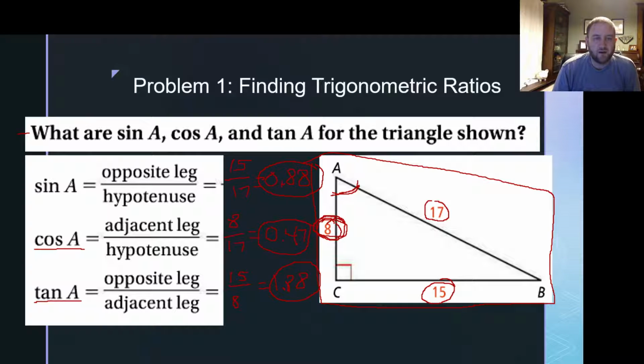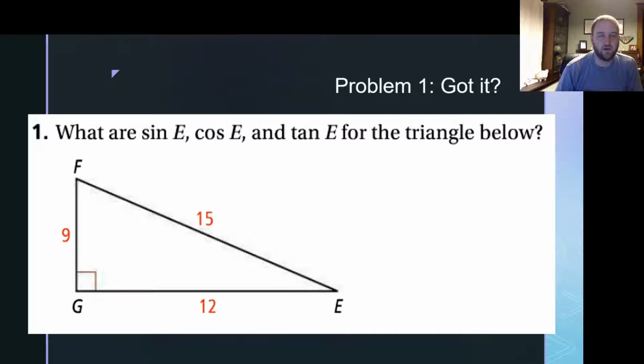All right, so that's how we can find the sine, the cosine, and the tangent. Sine is opposite over hypotenuse, cosine is adjacent over hypotenuse, and tangent is opposite over adjacent. Okay, what I want you to do then, I want you to go ahead and find the sine of E, the cosine of E, and the tangent of E. Here's E right here. Go ahead and pause the video and find those right now.